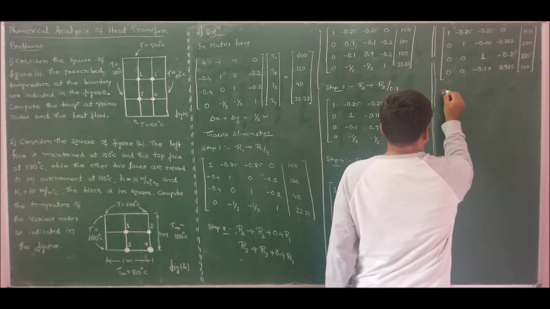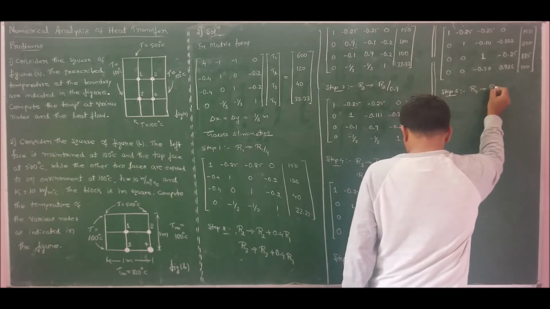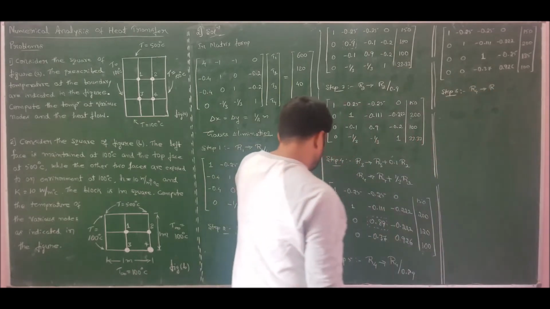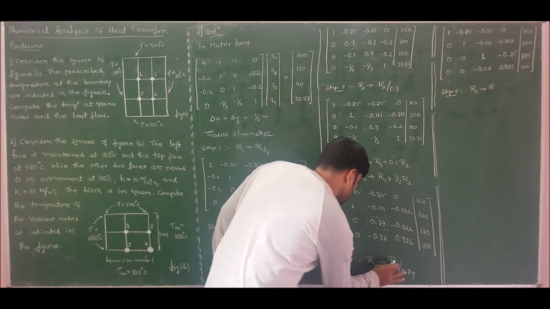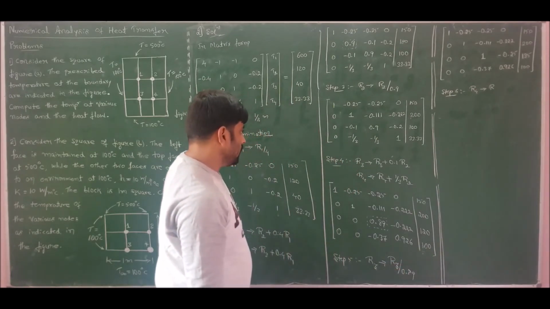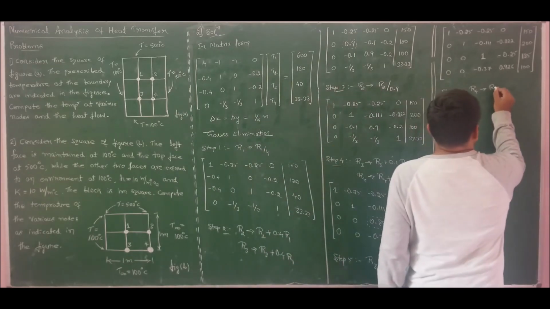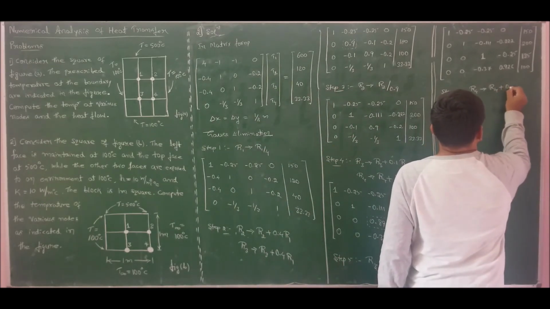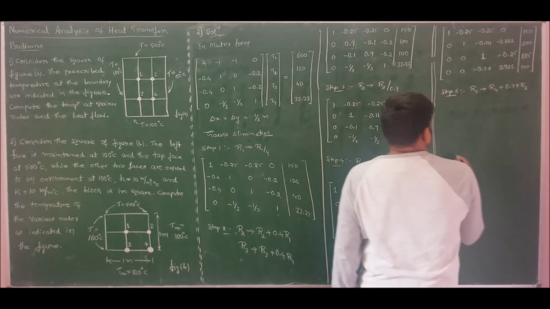So therefore, in step 6, I will make R4 tends to, sorry, this is R3. R3 tends to R3 by 0.89. Correct. So R4 plus 0.37 R3.